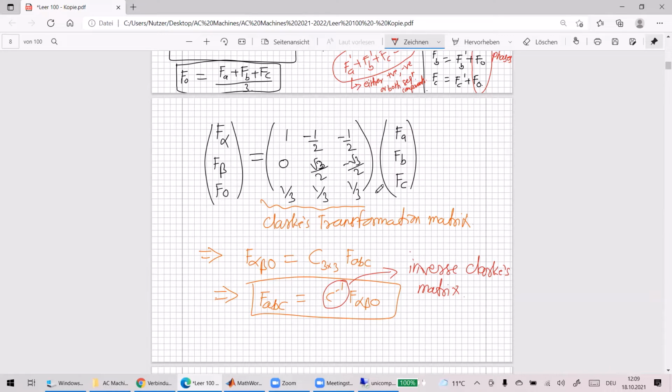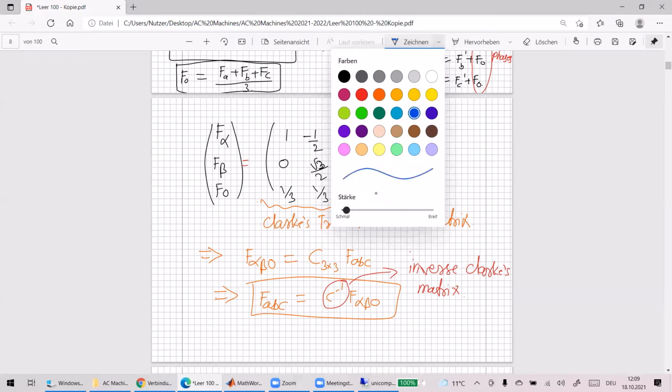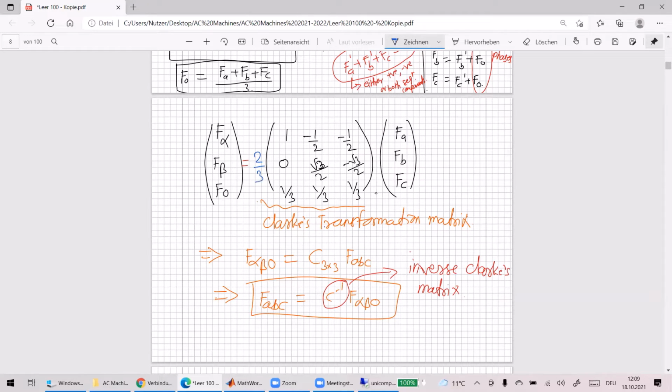But if you remember from Professor Eckel's lecture, you would see that there is a multiplier here, which is 2/3. Anyone remember? There is a 2/3 there, right? Why do we have that? Anyone knows?